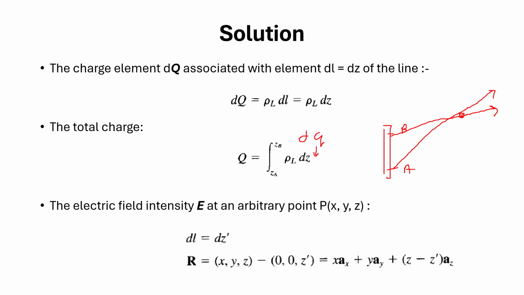The electric field intensity at an arbitrary point P here, we have the coordinate x, y, z at the point P. Then you need to find the information you have: the vector r from the origin, from the center of the cylinder going to this point P. So the vector r here is equal to x, y, z minus the vector at the center, which is 0, 0, z prime.